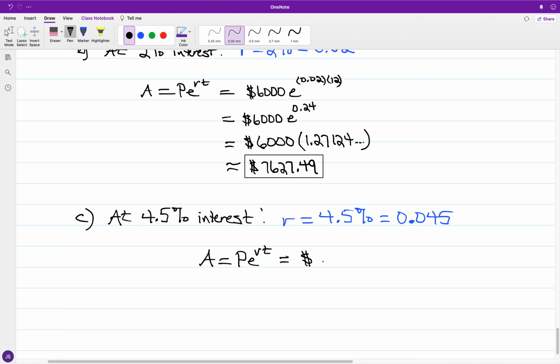Just plugging in the numbers, you have $6,000 principal times e to the r times t, so you have 0.045 times 12.